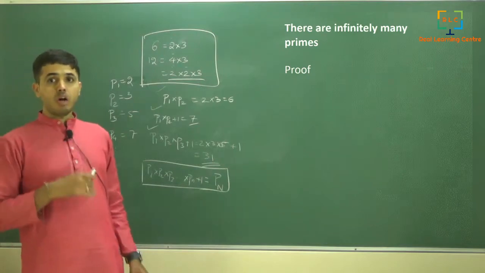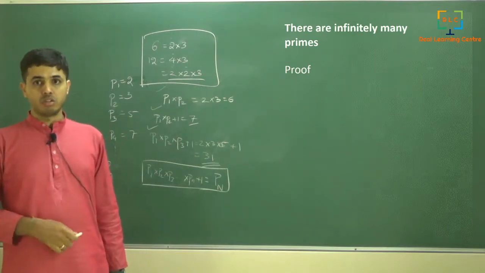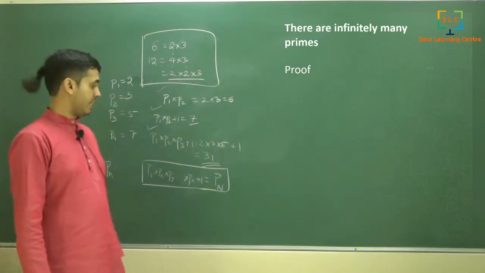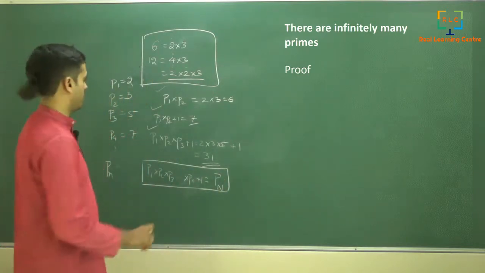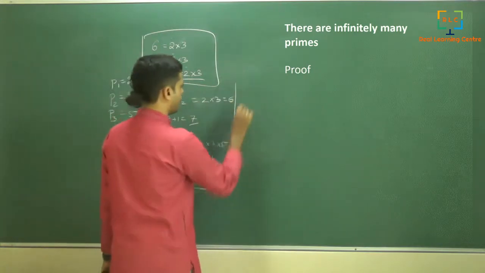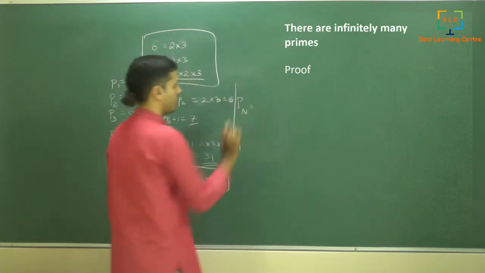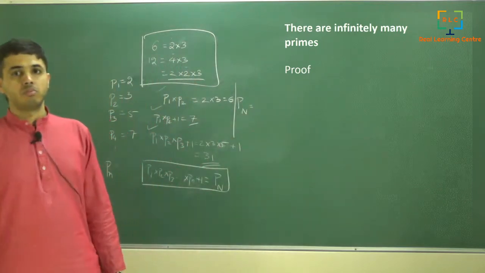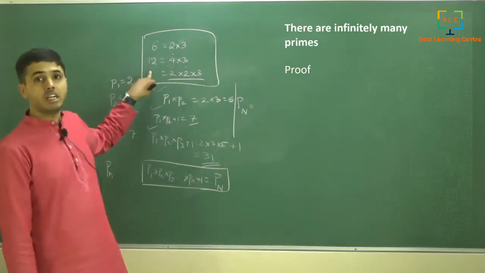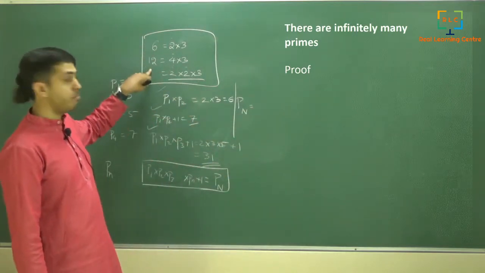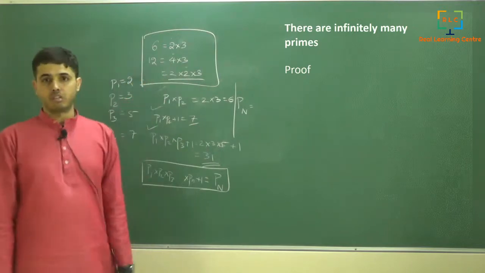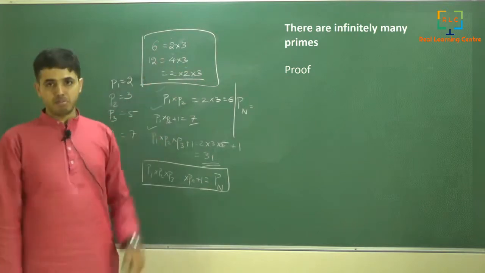Now I assume Pn is a composite number. I'll write here: Pn is a composite number. If it is a composite number, then what did we show here? Every composite number can be factorized into a product of prime numbers.